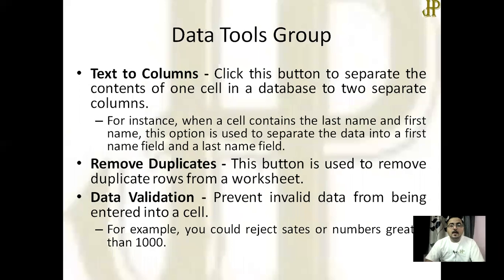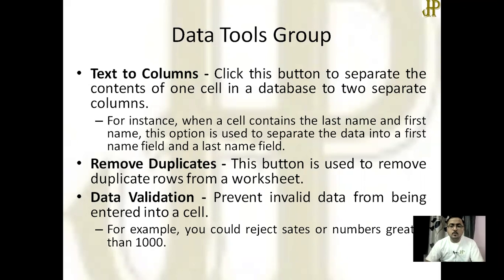Next one is the data tools group. Text to columns. Click this button to separate the content of one cell into 2 separate columns. For example, if you have a column with names like Ketan Kumar, Ram Singh, and many more, there are 2 things, first name and last name.